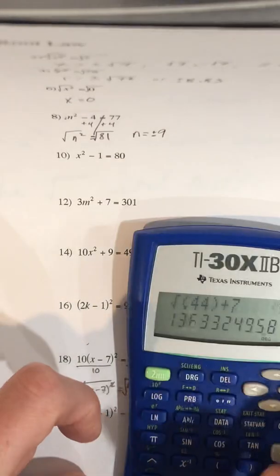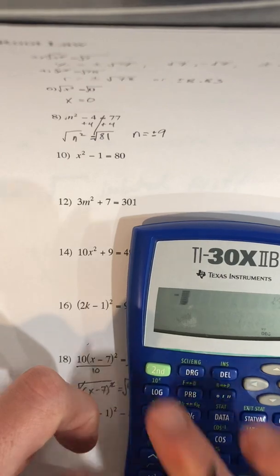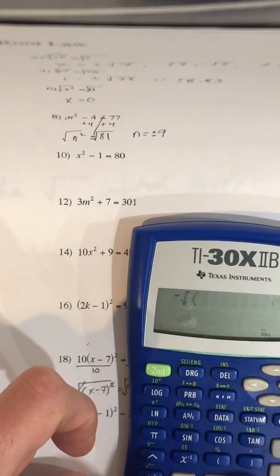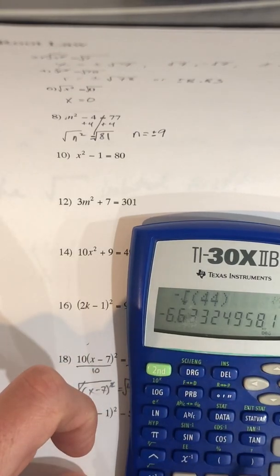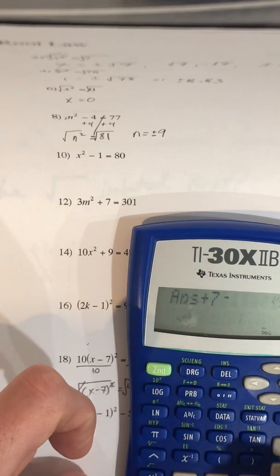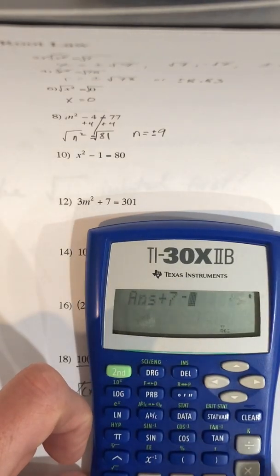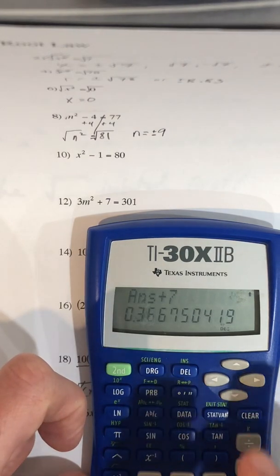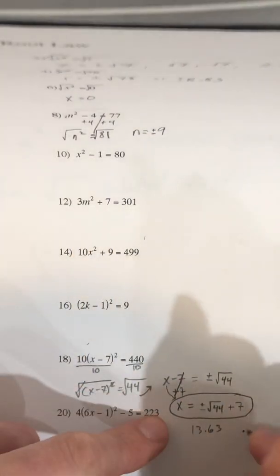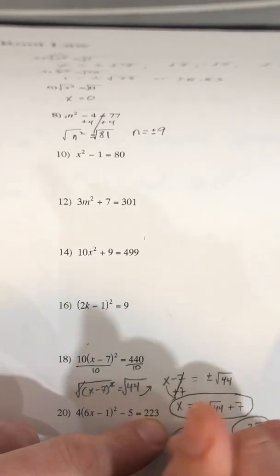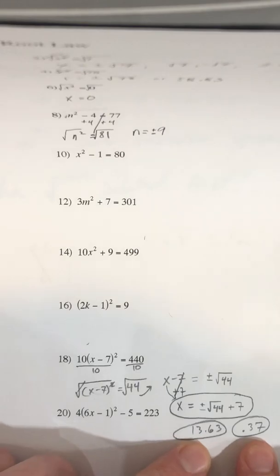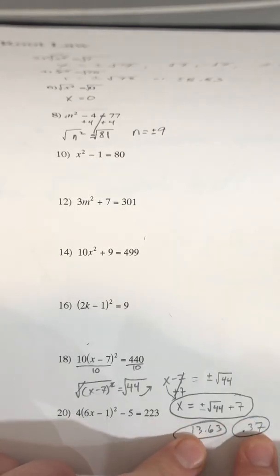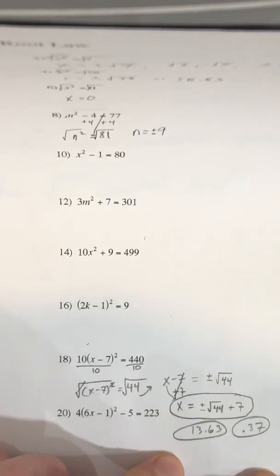And then the negative version of the square root of 44 plus 7 gives 0.3667. So 0.37. So there's my 2 answers. You can either write it as this or you can write it as this, okay?